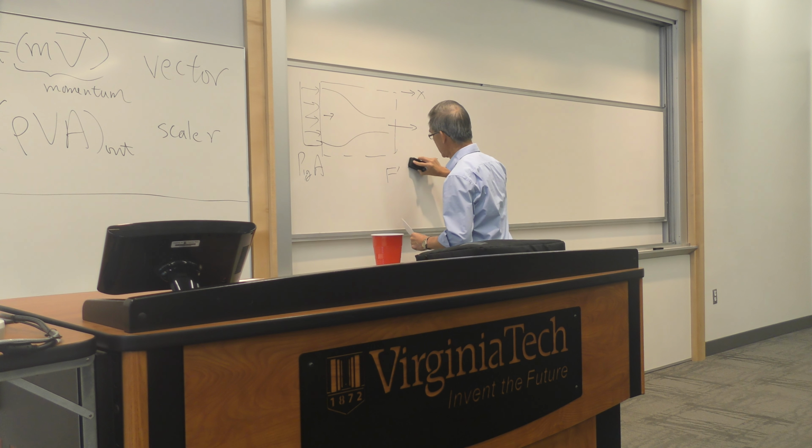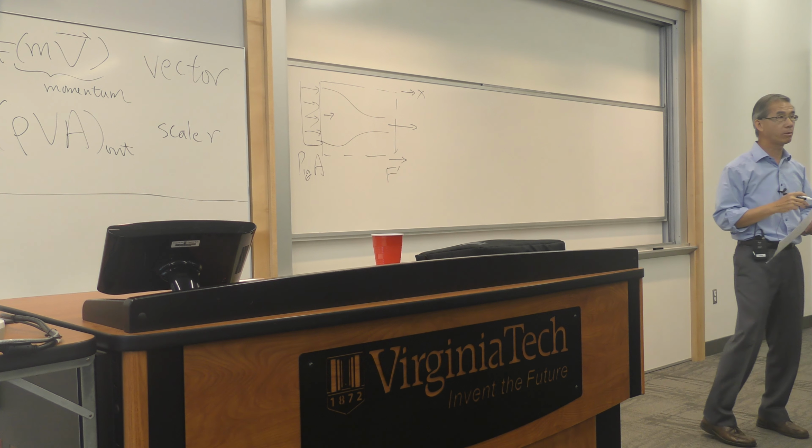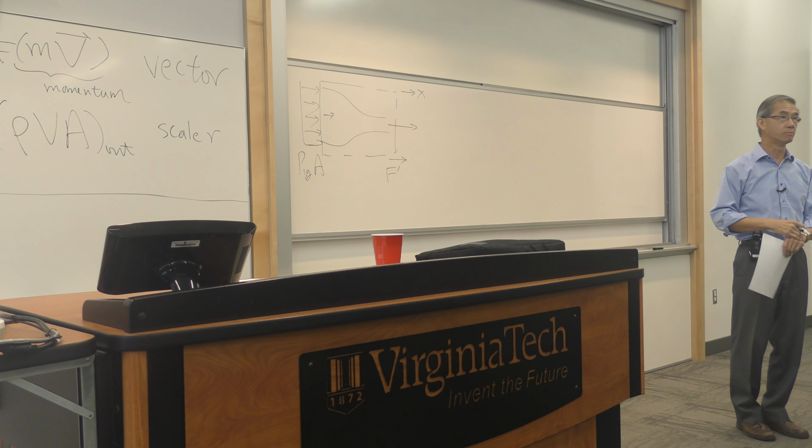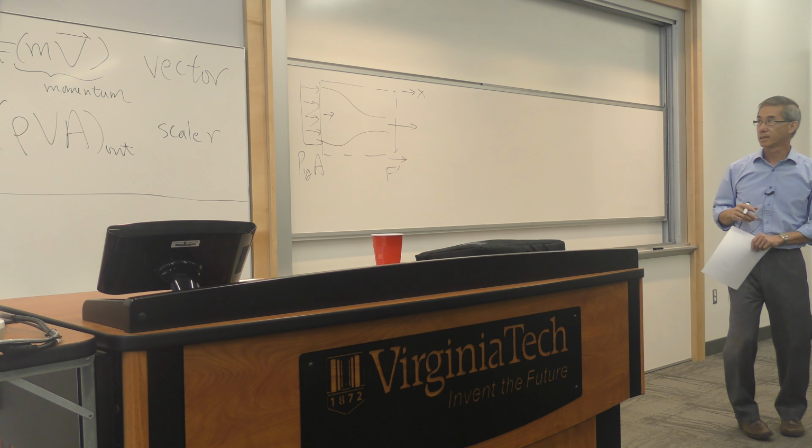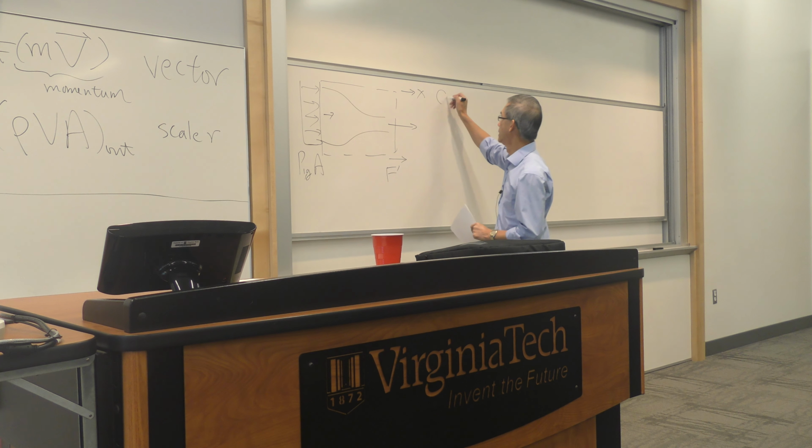I'm going to say the problem is such that I don't have an intuition as to which way the anchoring force should act. I'm going to call it F prime. I'm just going to assume or pretend it's going to actually point to the right, and I'm going to rewrite the problem. That's all I change. All the quantities, velocity, pressure, all the same. I happen to choose the same coordinate as case A. This is case C.